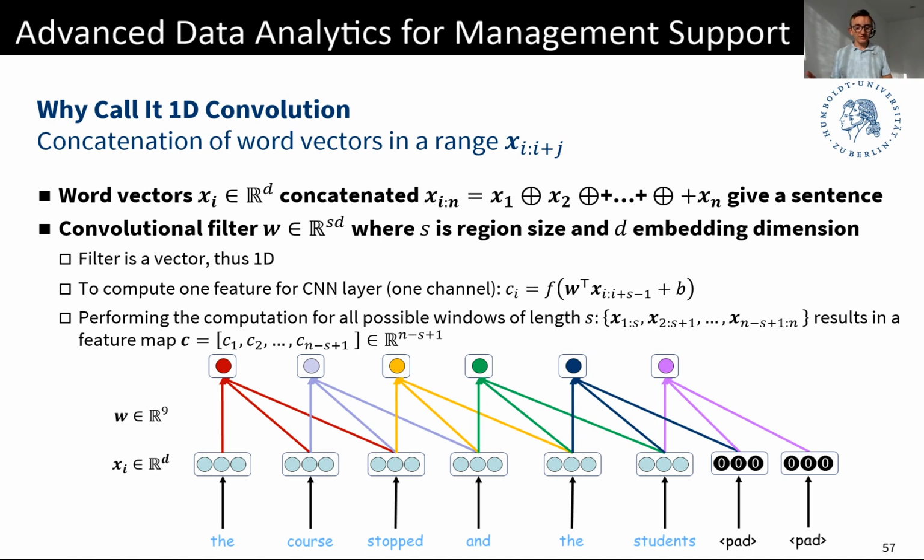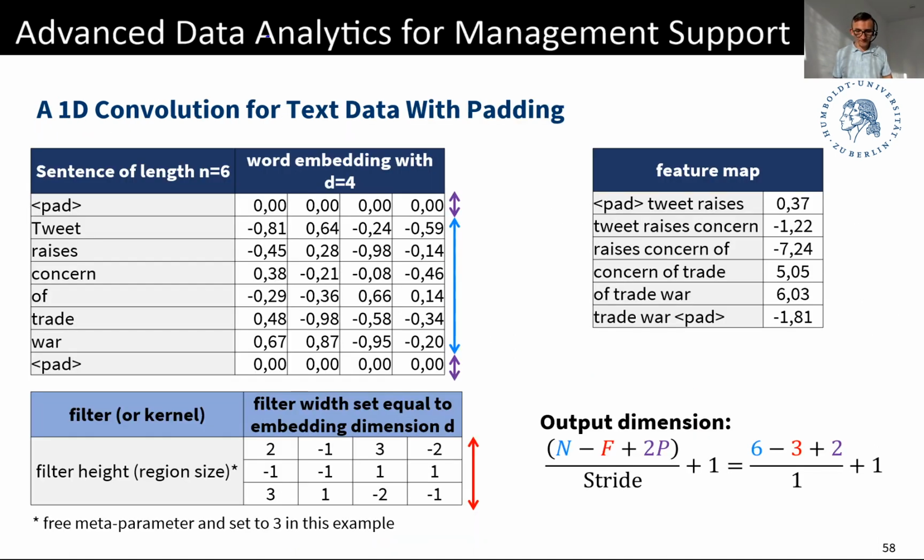But that's fine. We can just add vectors with an embedding that is all 0. Conceptually, that is just padding as in the case of image data. I have another picture here where you see that in the data example. And this padding is important because when you process text, your input sequences, you're free to choose them, whether you do it by word, subword, character, whatever you do, their length will vary.